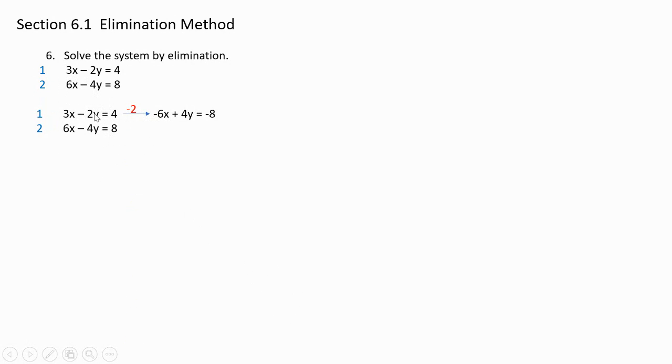This gives us -6x plus 4y equals -8. If you notice, everything will cancel, or be eliminated on both sides of the equal sign. So 0 equals 0, right? Isn't this true? 0 equals 0. That means that it's going to be infinite solutions. That'll be the result.